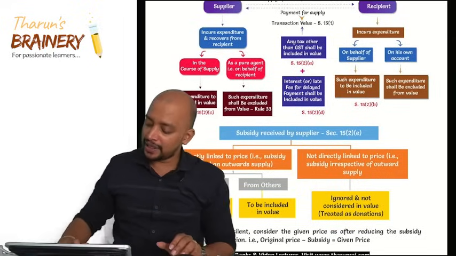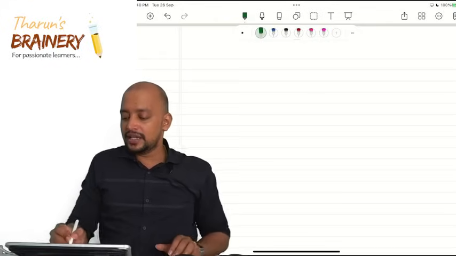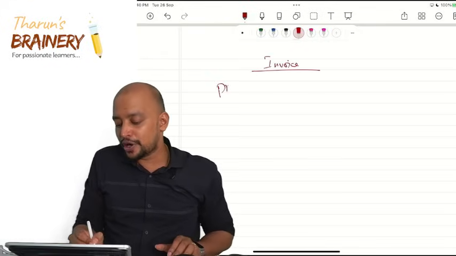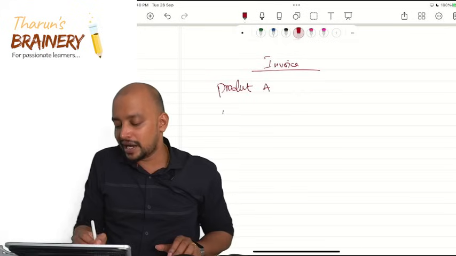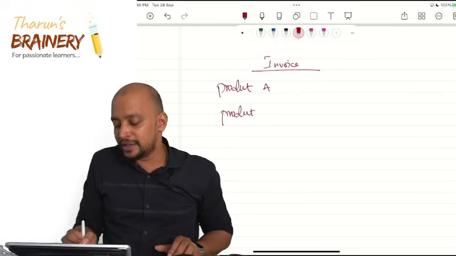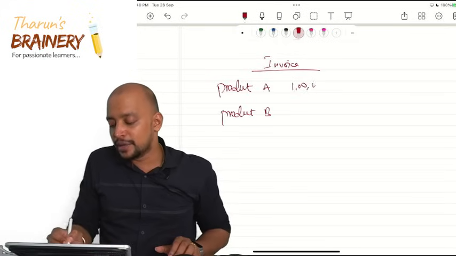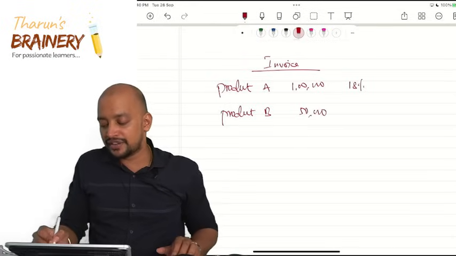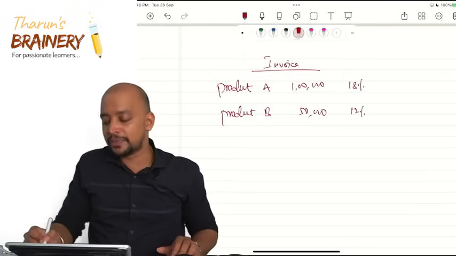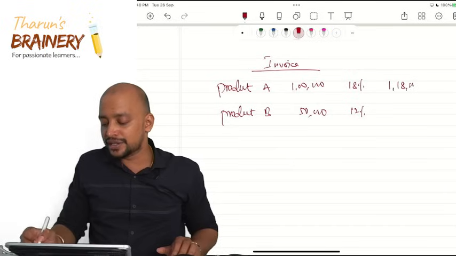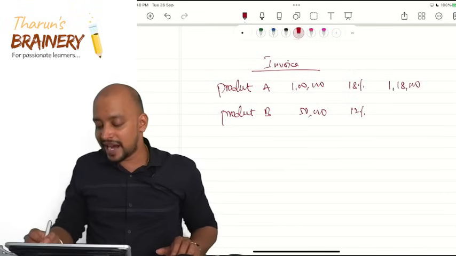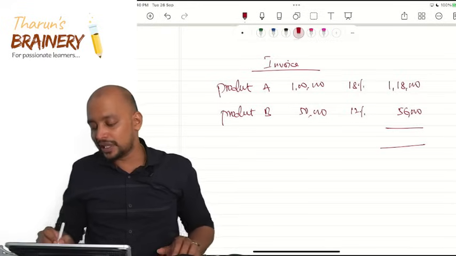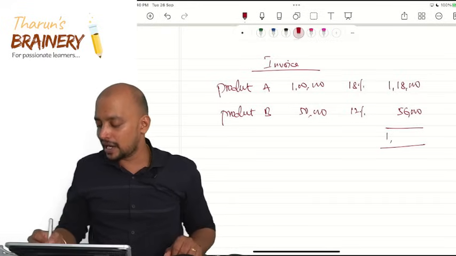Say for example, in an invoice there are 2 products, product A and product B, and product A is 1 lakh, product B is 50,000, and GST rate is 18% for product A, 12% for product B. So 1,18,000 is the total amount due for product A and 56,000 is the total amount due for product B.